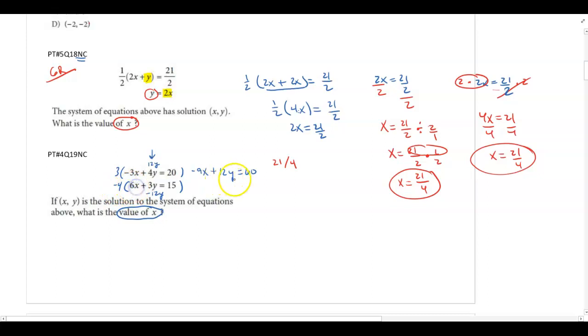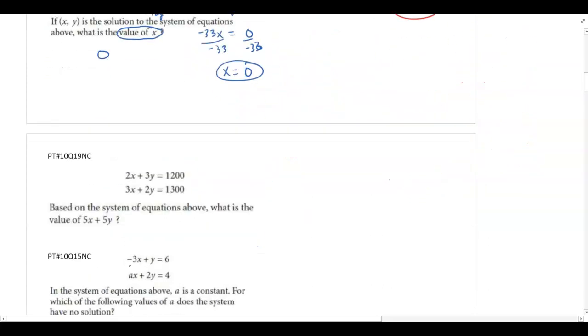Then negative 4 times 6x is negative 24x minus 12y equals negative 60. Now, that would give me negative 33x equals 0. Right away, you know you're golden, because if I divide by 33, x is equal to 0. So in your gridded response, you would just bubble in 0. Okay?